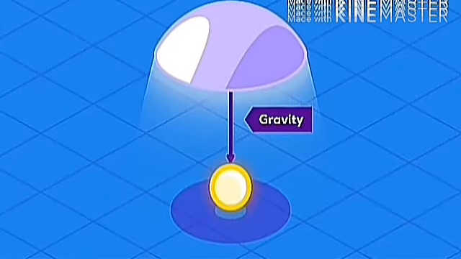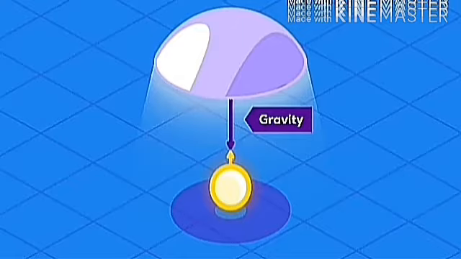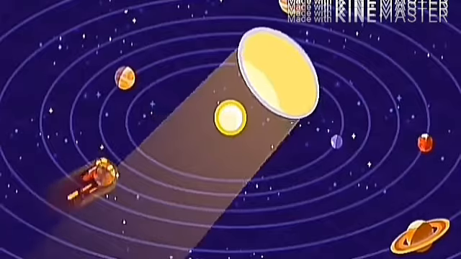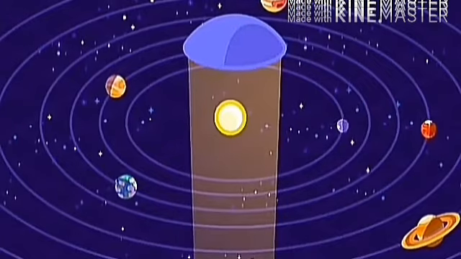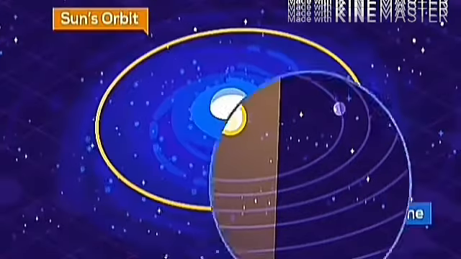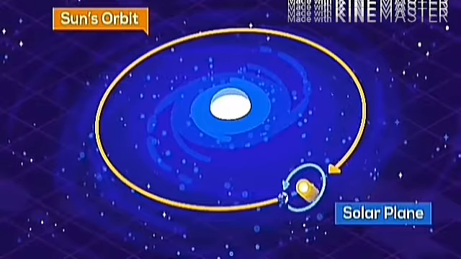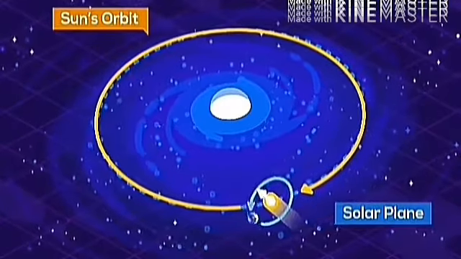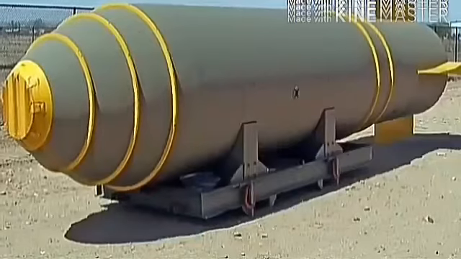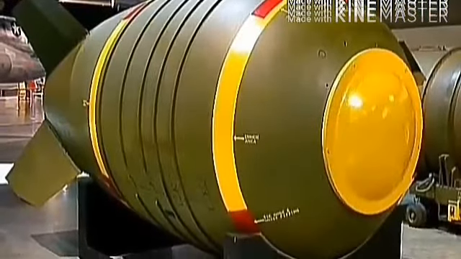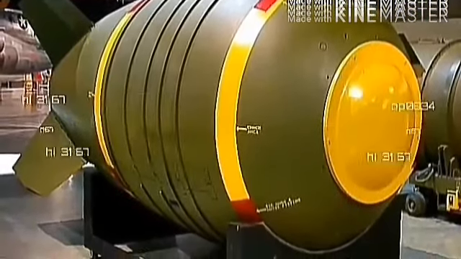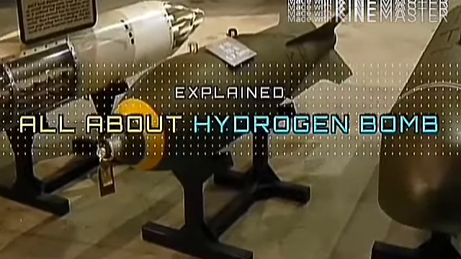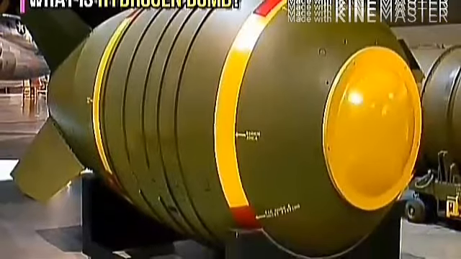This very high temperature is sufficient to induce the fusion reaction of hydrogen nuclei. The fusion reaction takes place in the core of the sun and other stars, and a very high amount of energy is released. This energy is called stellar energy.